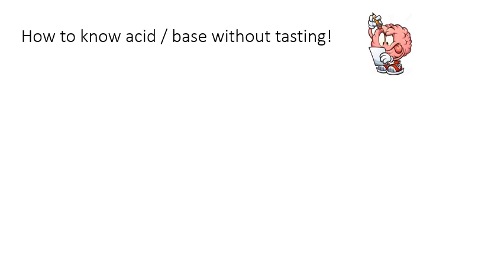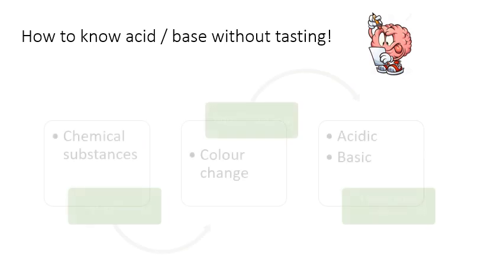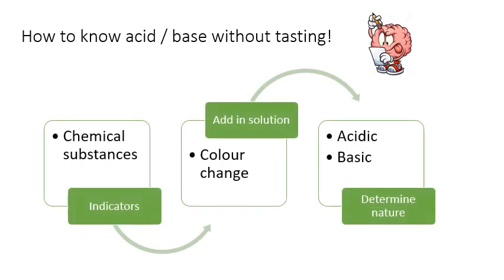Don't you feel that sometimes the tastes can be deceptive? Sometimes it would be really dangerous to taste a substance without knowing its chemical properties. So to mitigate this, I need something which will indicate whether a particular substance is acidic in nature or basic in nature. So this is where we come to indicators.